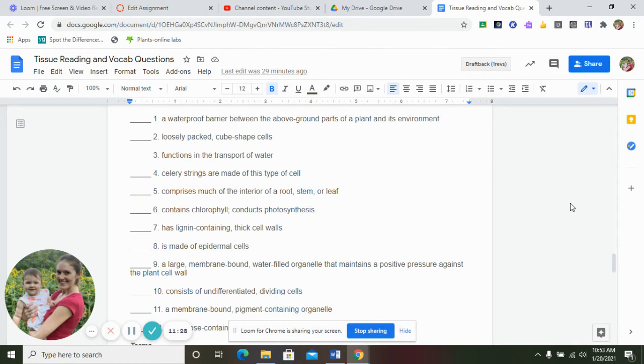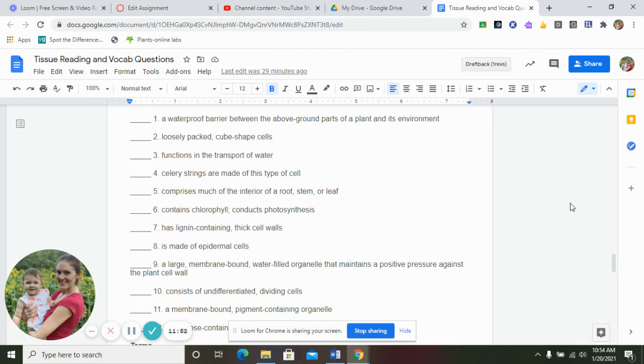Tissue that makes up most of the plant's interior is going to be H, the ground tissue. The epidermis makes up the G, dermal tissue. The blank provides support for part of the plant cell for the entire plant. That's A, the cell wall. The blank contains xylem and phloem. That is vascular tissue, L.